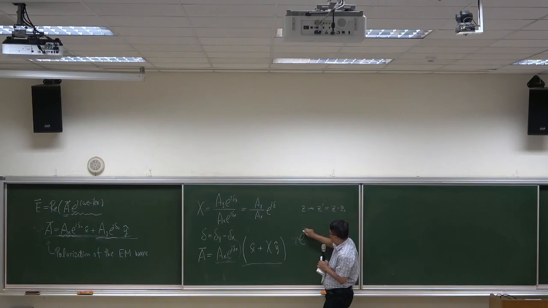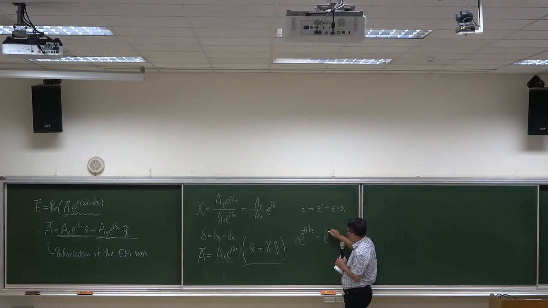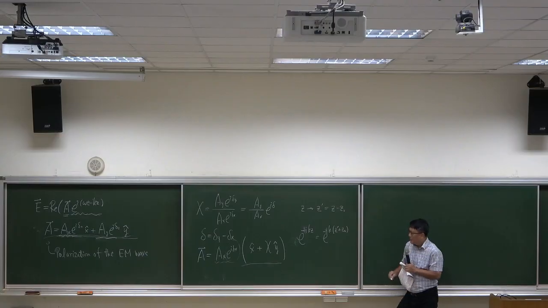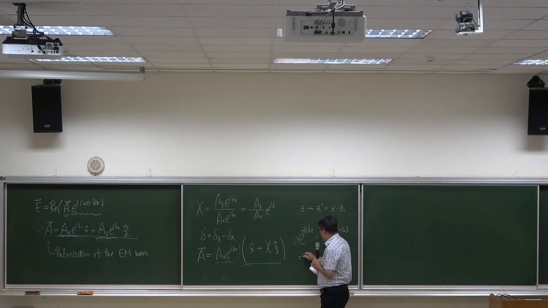Here we encounter exponential minus i k z, which can be written as exponential minus i k (z prime plus z naught). Then we can factor out exponential minus i k z naught and exponential minus i k z prime.